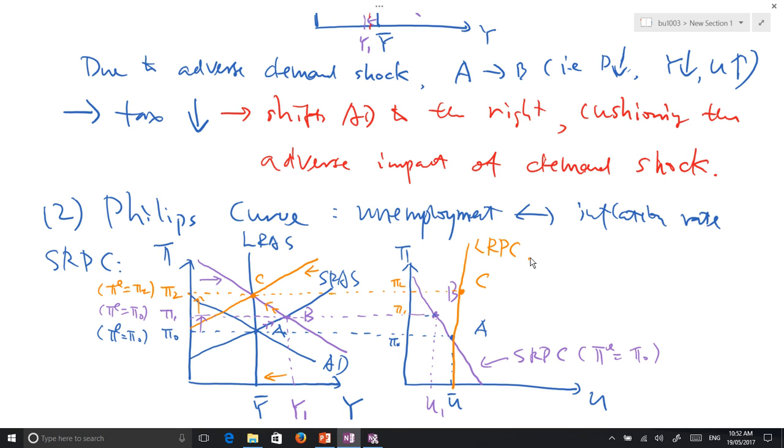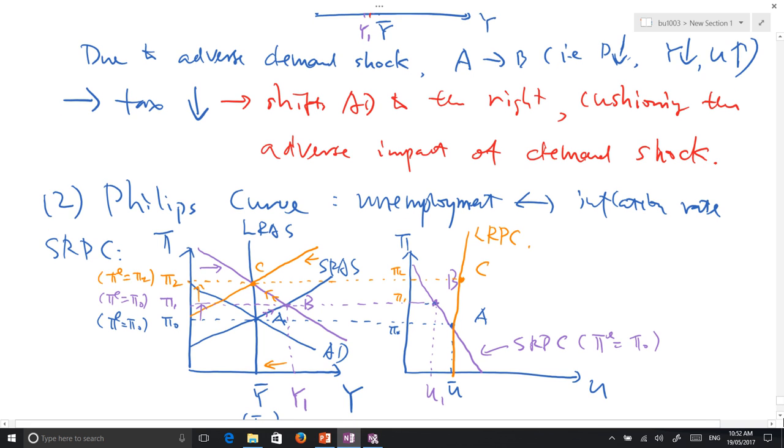However, in the long run, due to the fact that money is neutral, output is at its natural level, and the unemployment rate is at its natural rate of unemployment. The long run Phillips curve is vertical at the natural rate of unemployment, which means that no matter what the inflation rate is, the unemployment rate will be the same at its natural rate.